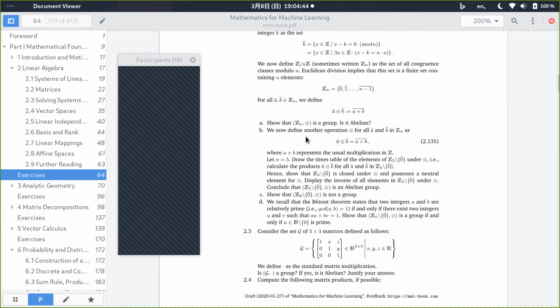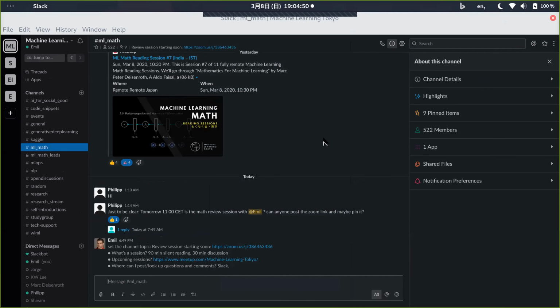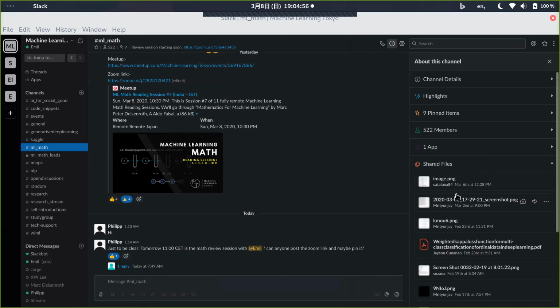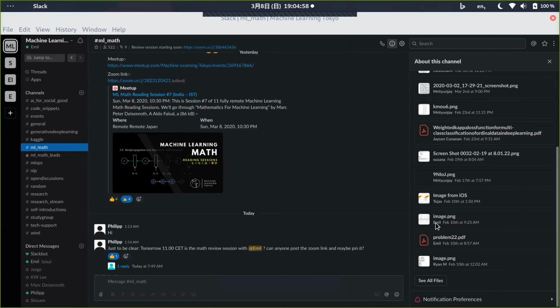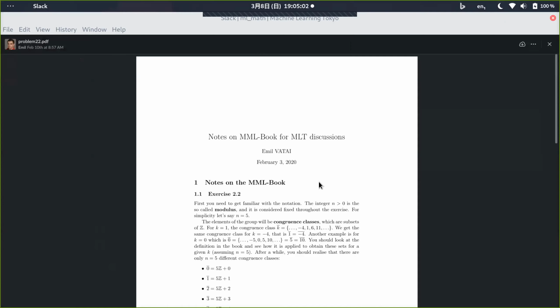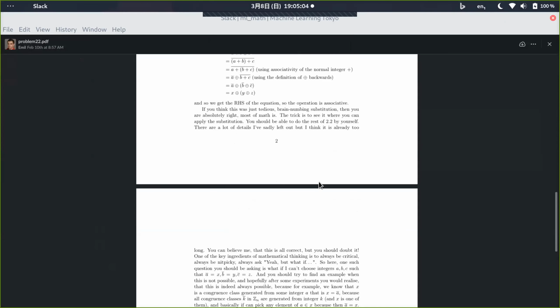Okay. So Philip, about this, I created a PDF, which is somewhere here in the Slack channel. I marked it. If you go to shared files. I've read the PDF actually yesterday. And Emil, I want to say in advance, thanks for doing this. I appreciate that very much.